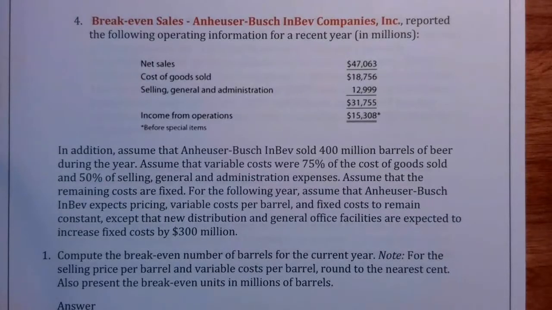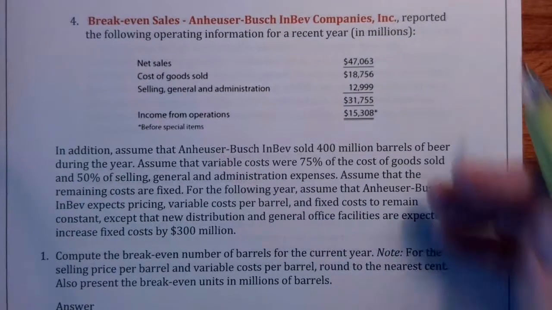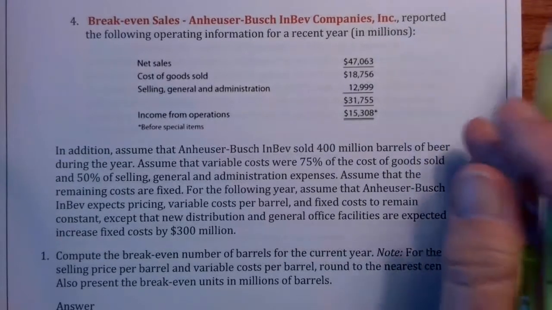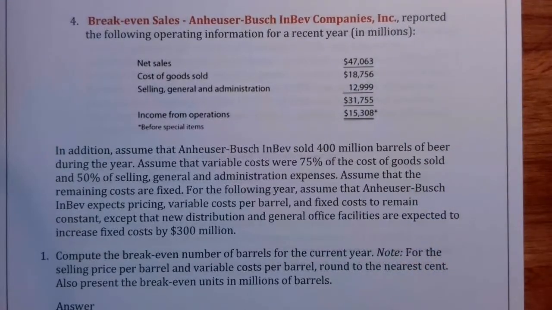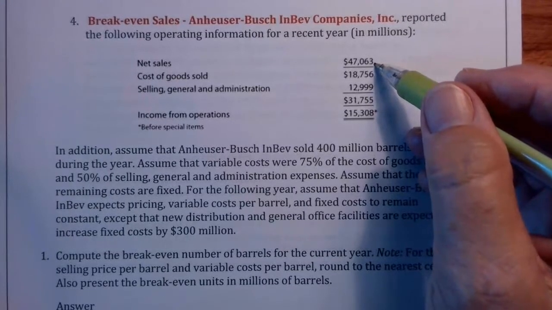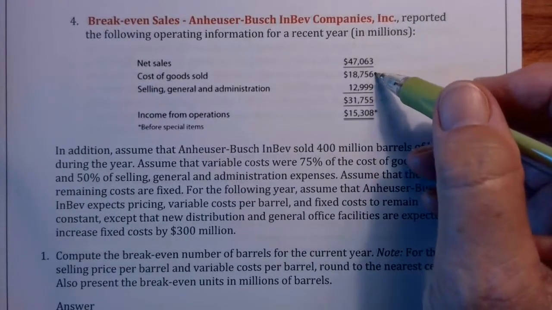Okay, we got another break-even problem here, and this is Anheuser-Busch InBev. This is some of their operating information. They have sales of $47 billion, and cost of goods sold is $18,756.